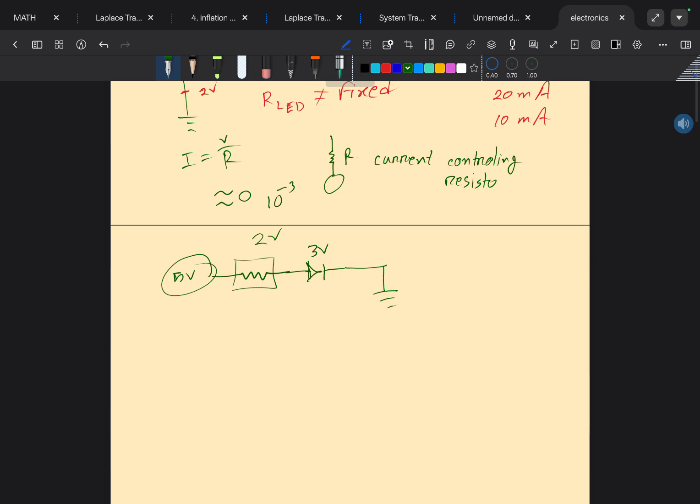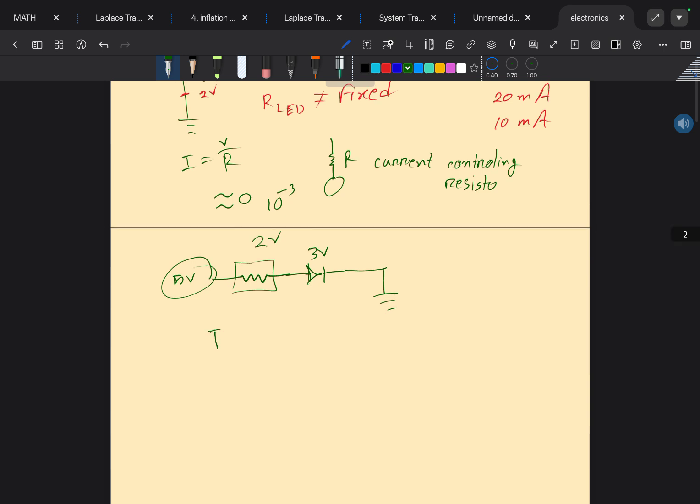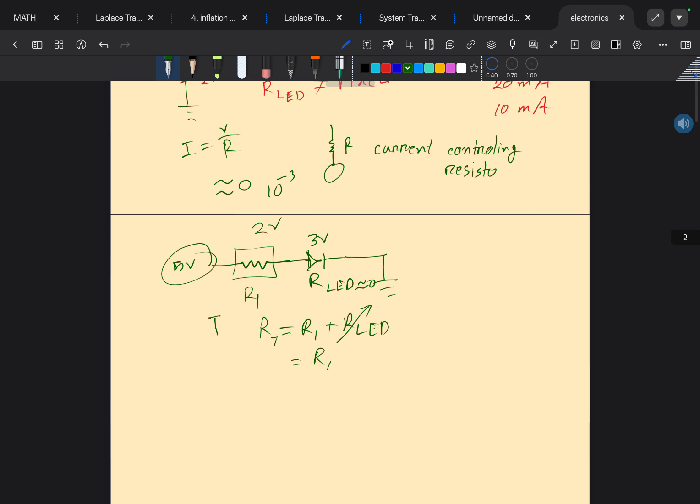Now we can calculate. Let's say that the R LED is near 0, so this doesn't really matter. Our total is equal to R1 plus R LED, and as R LED is near 0, we can just say this is equal to R1. So how do we calculate this current limiting resistor?